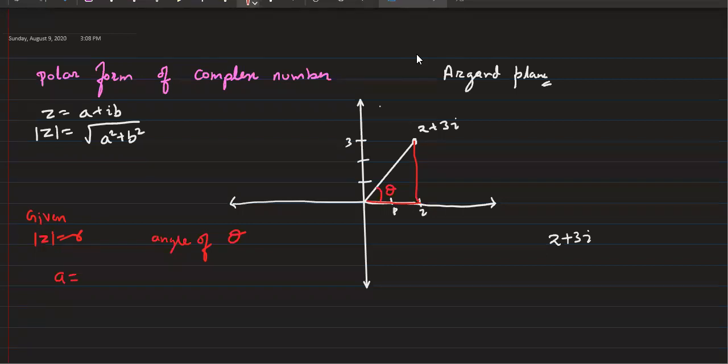I'm not asking you to use this now. This is completely different. Mod of z is given as r.